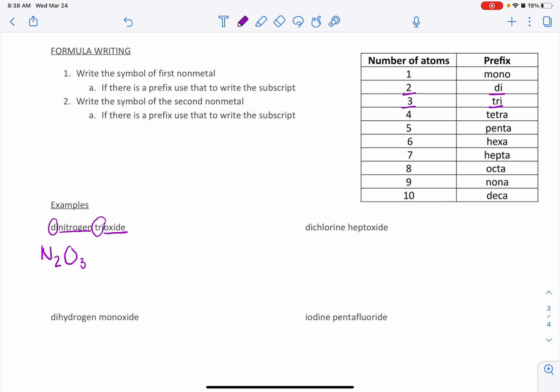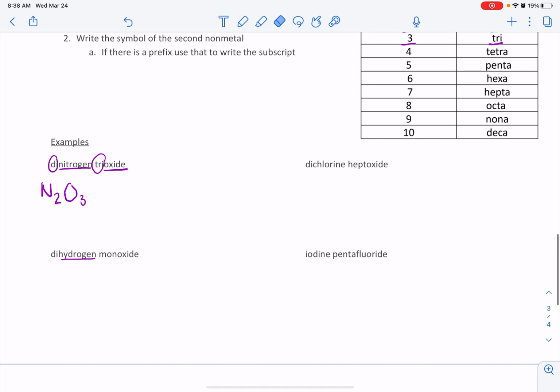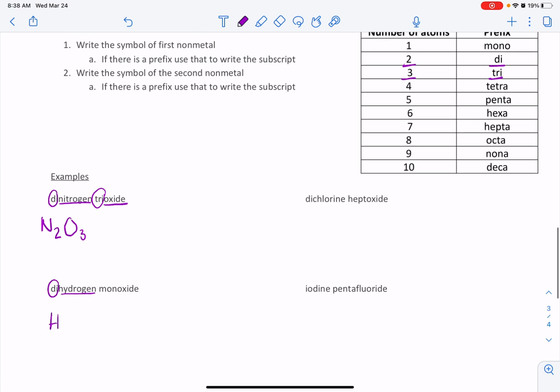Let's do another one. We have dihydrogen monoxide. So here we go. We've got hydrogen, and the symbol for hydrogen is H. If you didn't know that, you could always look at the periodic table. Now we have the prefix di. Looking at our prefix table here, we see di is 2, so I'm going to put a little 2 here. And then monoxide.